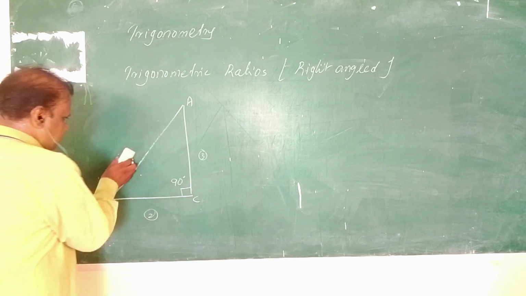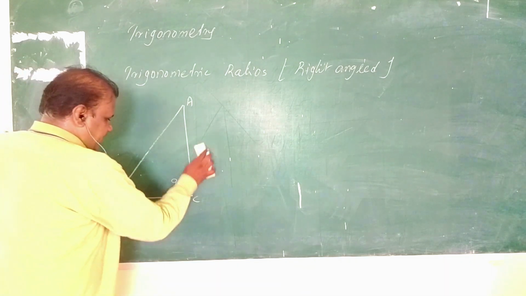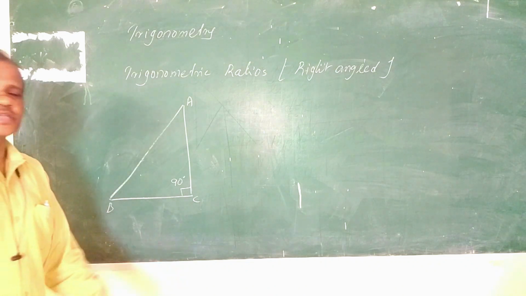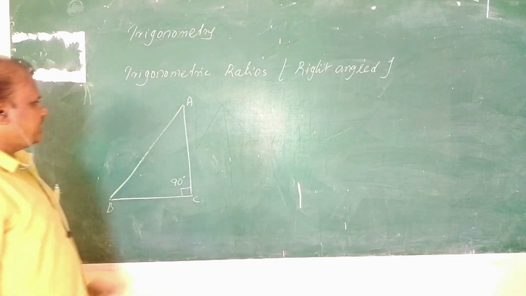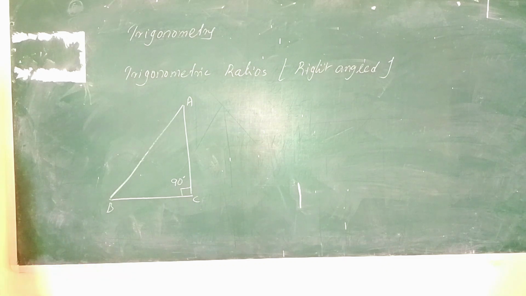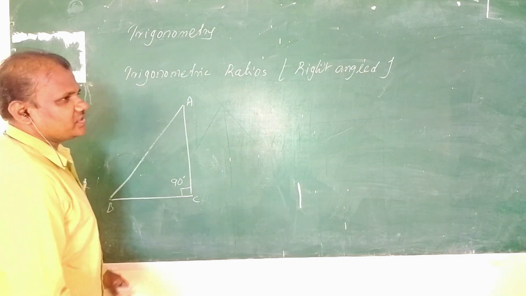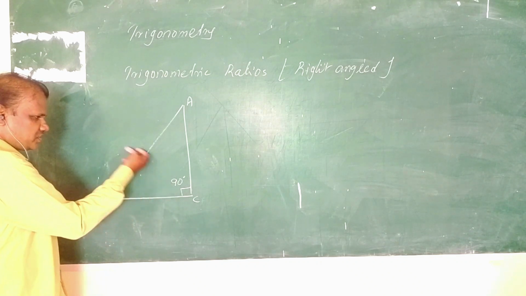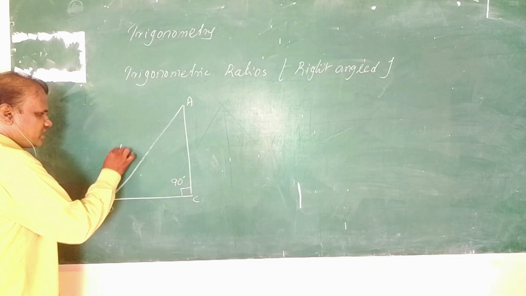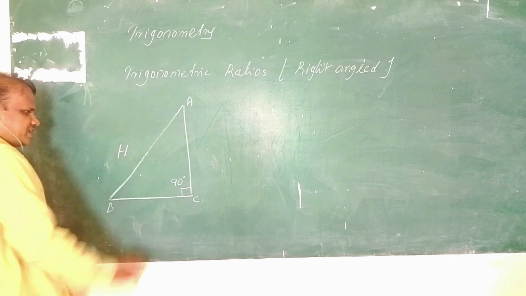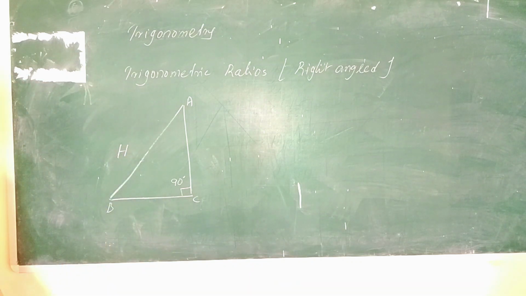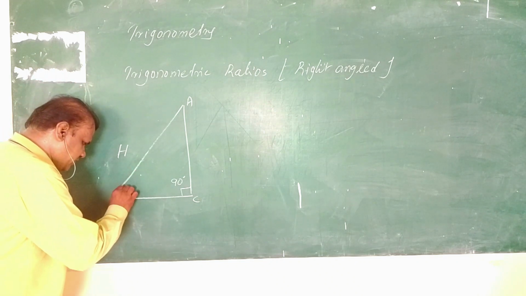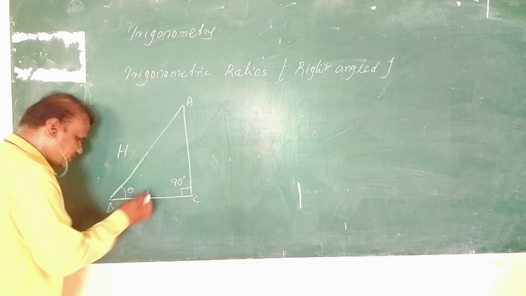So this is a right angled triangle ABC, in which we have 90 degrees at point C. Then we have to identify the sides of the triangle. As per the definition, the hypotenuse is the side opposite to 90 degrees. I am going to represent this as H. Then I am going to define all the sides with respect to a particular angle.